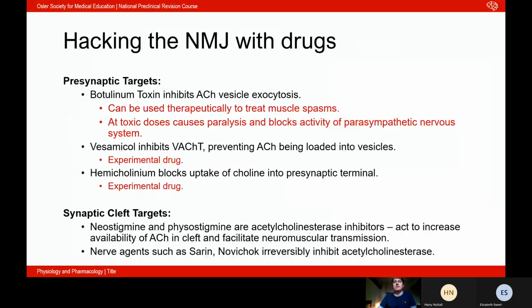But nerve agents such as sarin and Novichok, which was in the news when I learned about this, irreversibly inhibit the acetylcholinesterase, and so essentially we get uncontrolled muscle tetany. We can't stop the neuromuscular transmission once the action potential has passed, and so we get widespread effects throughout the body.